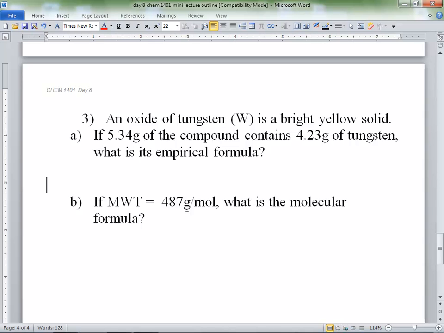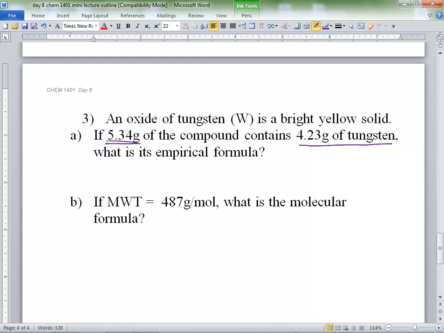Okay. Now, if you don't see the trick to number 3, let me help you out. You don't see it? Okay. In number 3, you have 2 elements. You have this tungsten, but that's only 4.23 grams.